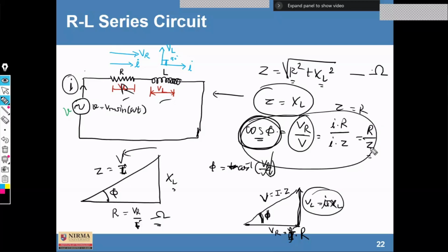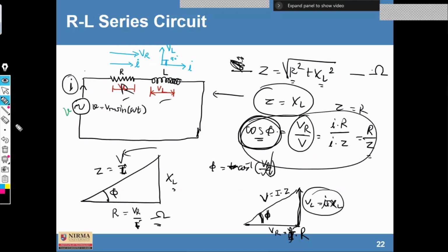Fine. Okay. So here the angle is varying between 0 and 90 degree. Fine. So in this case, the resultant vector will vary from 0 to 90 degree.